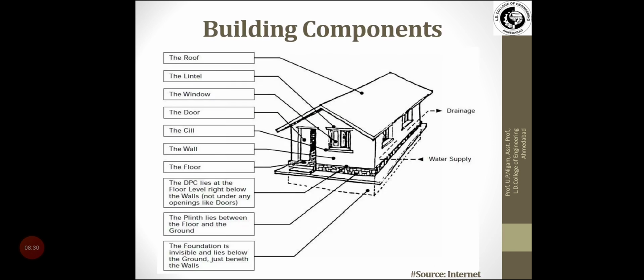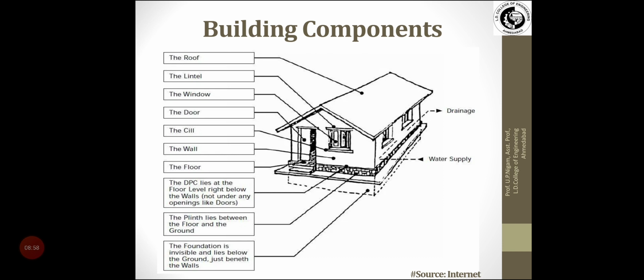Now coming to the building components. As you can see in this figure, from bottom to top we can see different components. The first, bottom component is the foundation, which is invisible, also known as the substructure. It is beneath the ground, and beneath the walls as well.